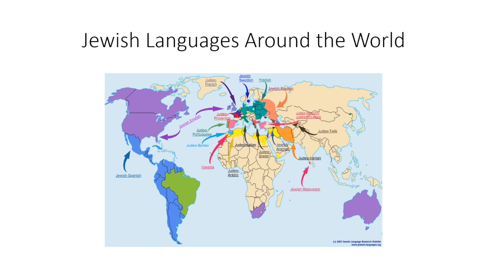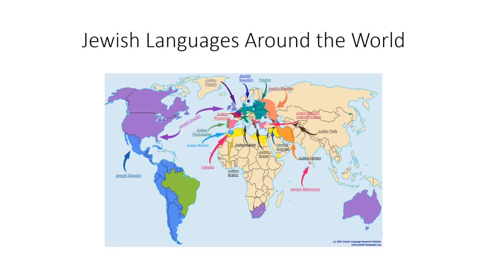You see Judeo-Tajik spoken in Tajikistan. That's a version of Judeo-Persian, which is a collection of languages spoken throughout the old Persian Empire. And you can see that pretty much in every place where Jews have lived, they have adapted the language of their host community and made it a specifically Jewish kind of thing.